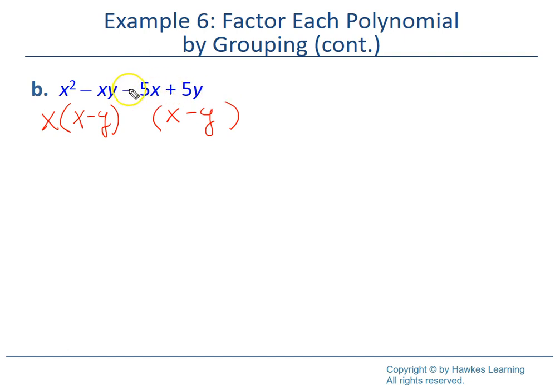But notice the signs seem to be messed up a little bit. Think about, what do I have to take out of these two terms to get this? Well, here's a case where if we take out a negative 5, and again, distribute it gets this, but our signs now are the same. We have our common factor.